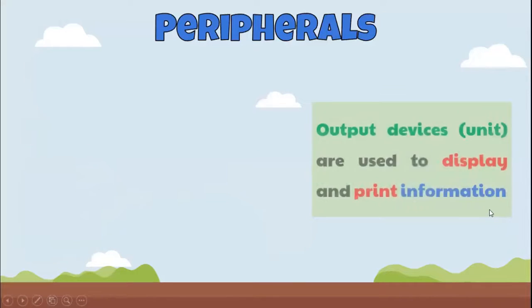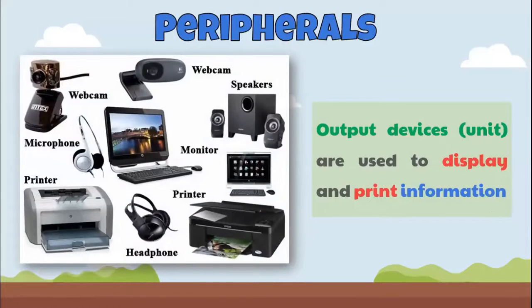Okay, and the next one is output devices, and we are using them to display and print information. And most of them, I think you know before, to print out on paper we are using printers, and to listen to music, and when you watch any video, you can use the headphones too. If you want to record something with your sound, you can use the microphone.